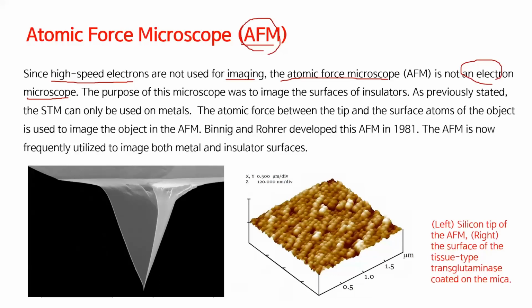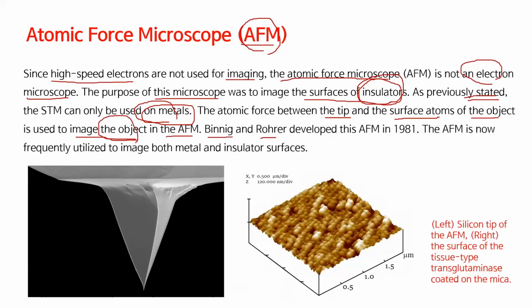The purpose of this microscope was to image the surface of insulators. As previously stated, the STM can only be used on metals. The atomic force between the tip and the surface atoms of the object is used to image the object in the AFM.